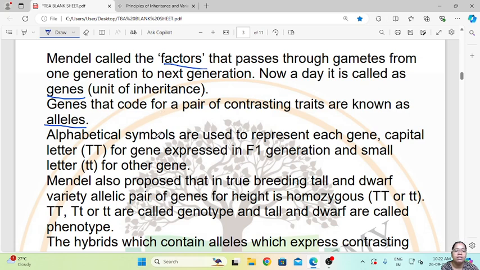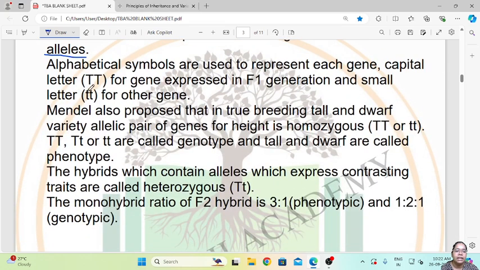Alphabetical symbols are used to represent each gene. Capital letter T expresses the gene in the F1 generation, and small t expresses the gene in the other generation. Capital T is the dominant gene, and small t is the recessive gene, as we have seen in our last video.